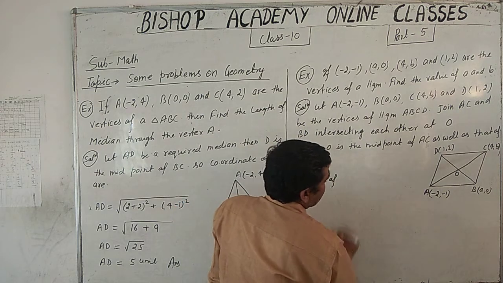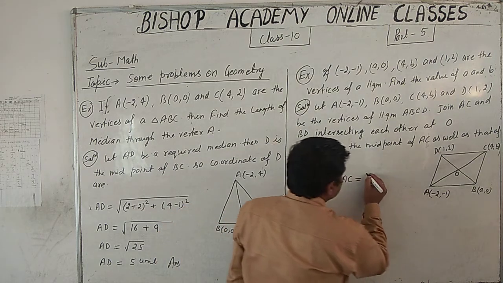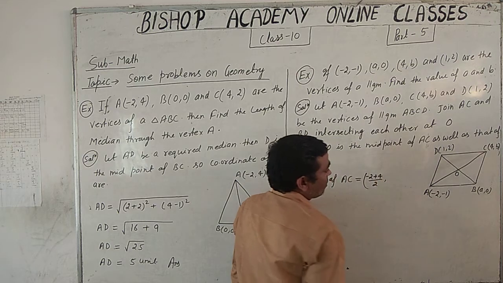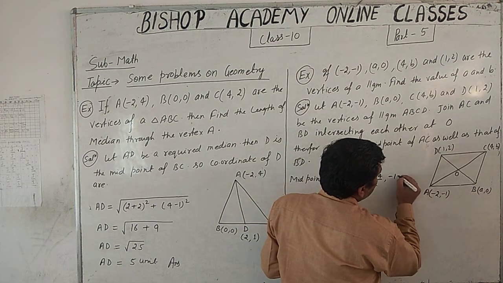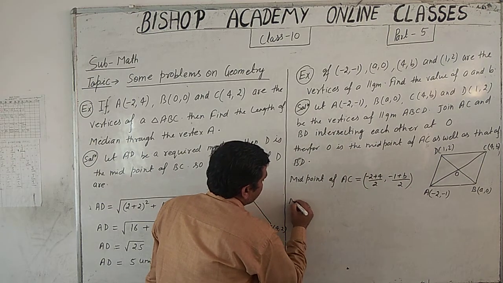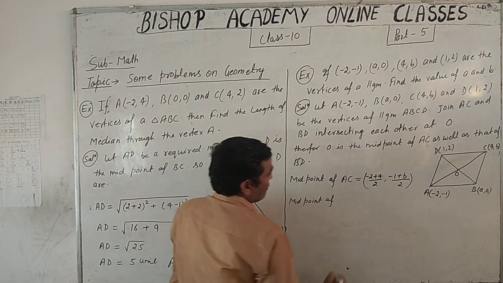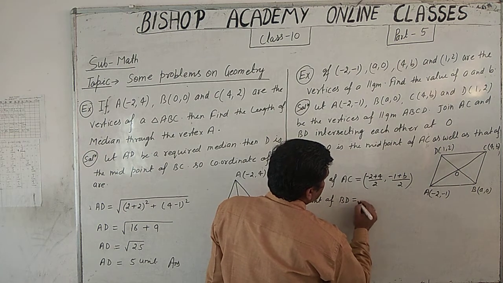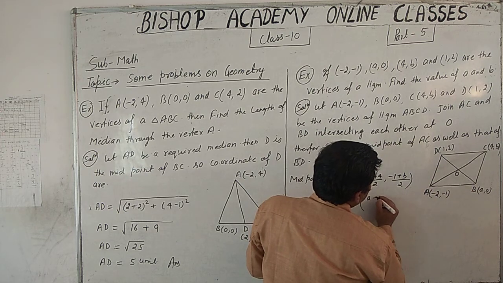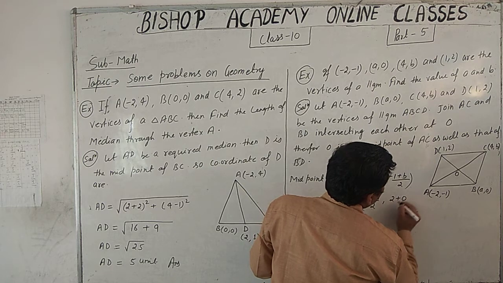Midpoint of AC equals ((-2 plus 4) upon 2, (-1 plus b) upon 2) and midpoint of BD is ((a plus 1) upon 2, (2 plus 0) upon 2).